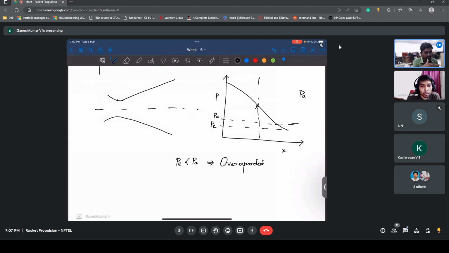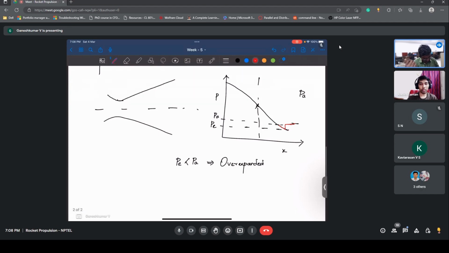The flow doesn't know, but it has to adjust, so it has to put a shock wave. There will be an abrupt discontinuity. It won't expand till PE. Instead, it puts a shock wave, and then it reaches ambient. That is what it has to do. But sometimes putting a normal shock wave might require a very high pressure gradient, so it won't put one.